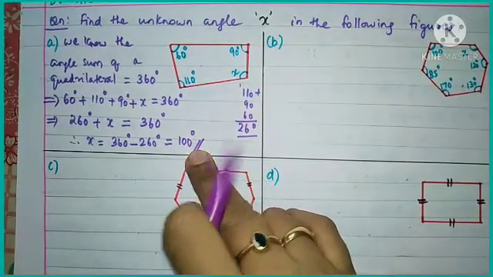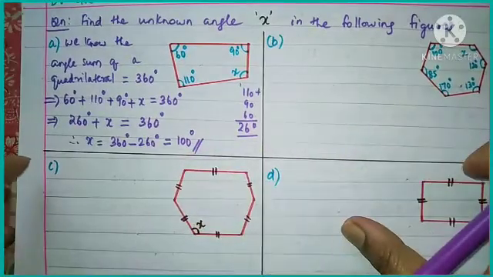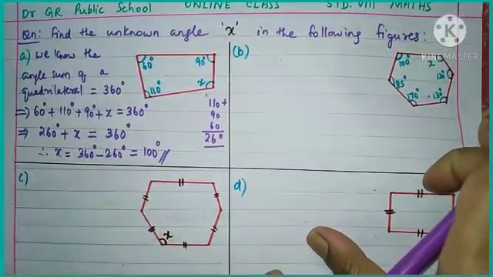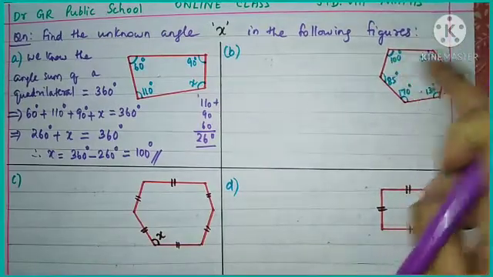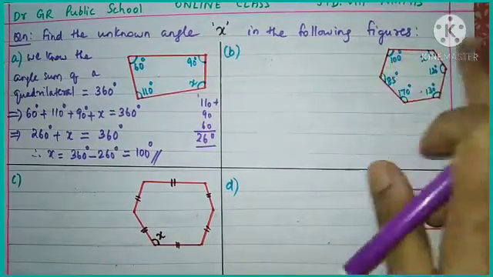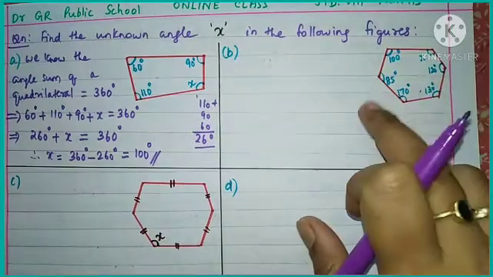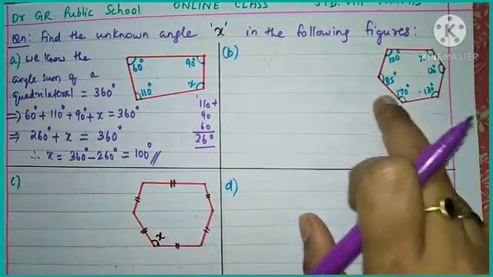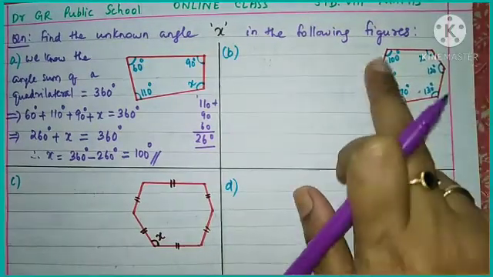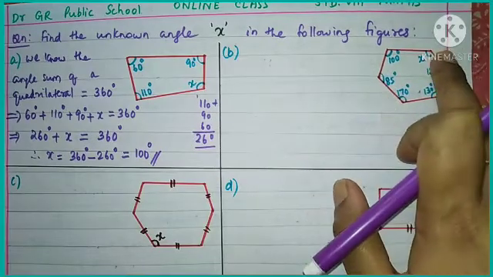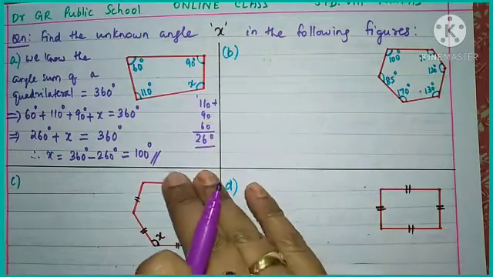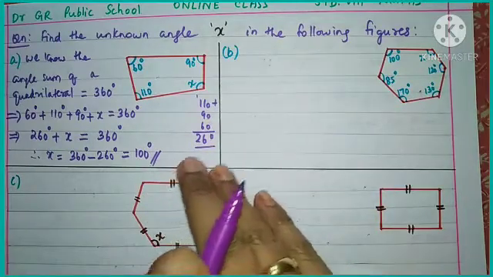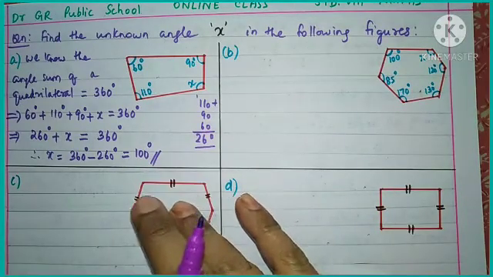Okay. Now second question. What is the second question here? Yes. Here what is the figure? How many sides does it have? 1, 2, 3, 4, 5, 6. So this is a hexagon. And you see in the hexagon how many angles are present? 5 angles are known and 1 angle is unknown. Okay. So we did the hexagon also earlier and we know the sum of angles of the hexagon.